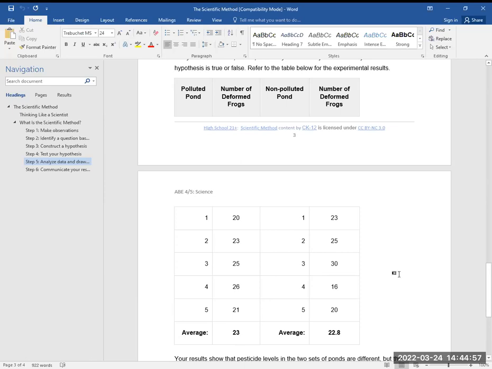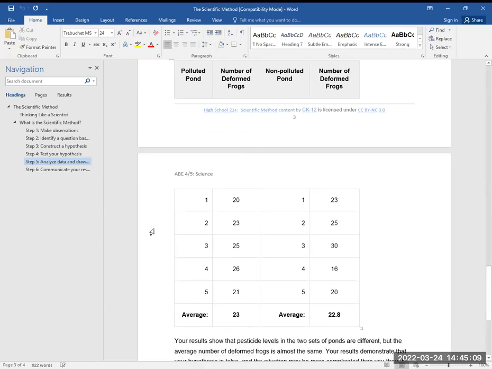In the first column, we have polluted ponds. In the second one, we have numbers of deformed frogs. In the third one, we have non-polluted ponds and number of deformed frogs. So in the first pond, okay, so pond number 1, how many frogs were deformed? 20.